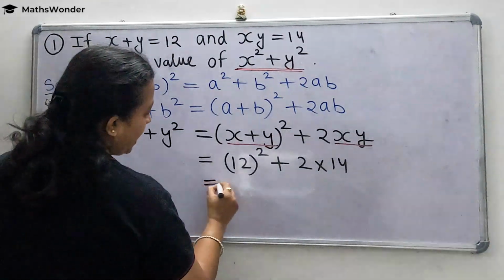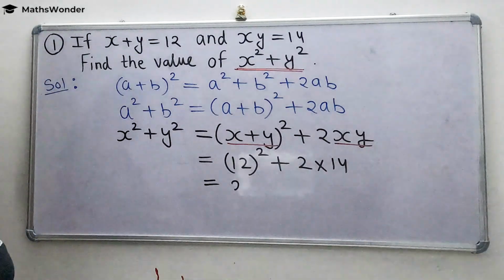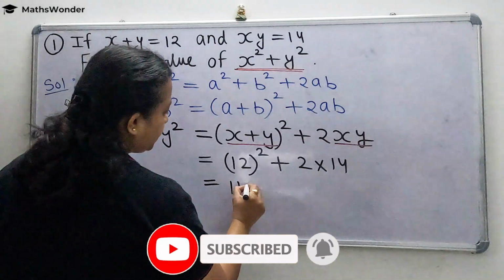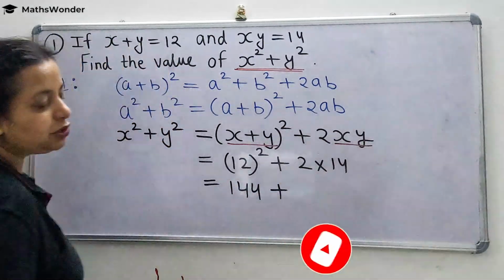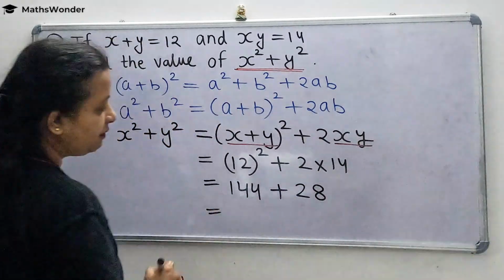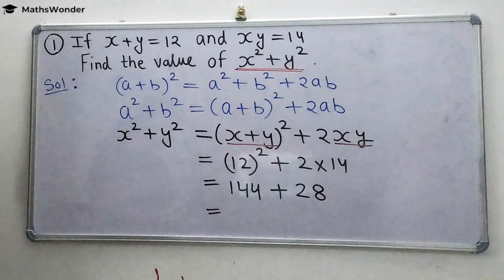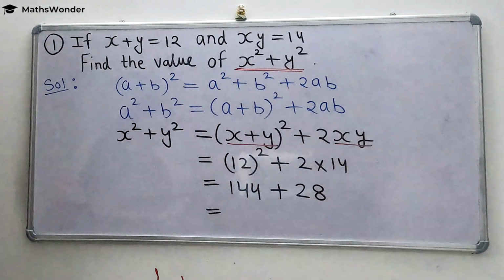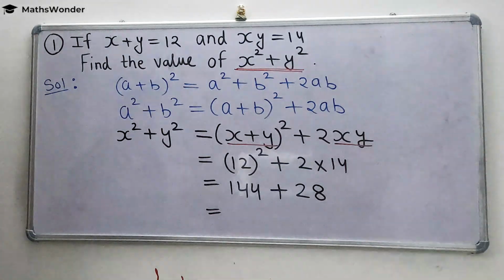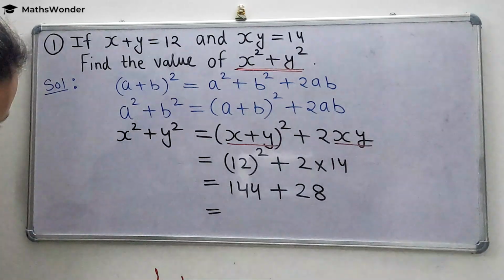Now normal calculation, 12 times 12 will be 144, right? Always remember the squares. Okay, 14 times 2 will be 28. Now add them, you will get the answer. So the answer is 176.